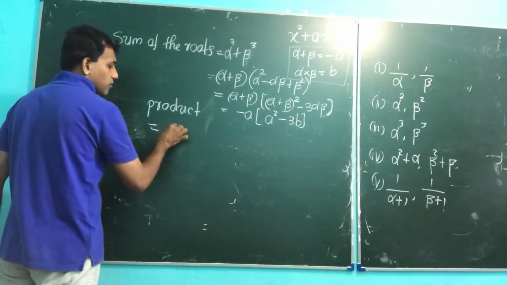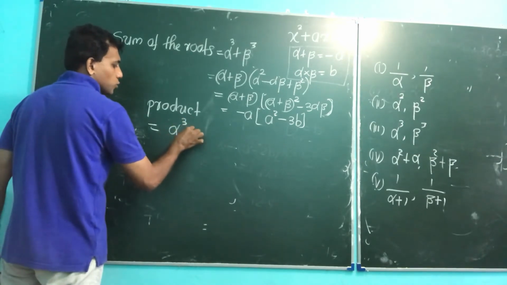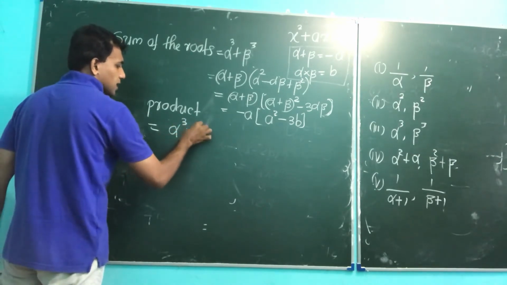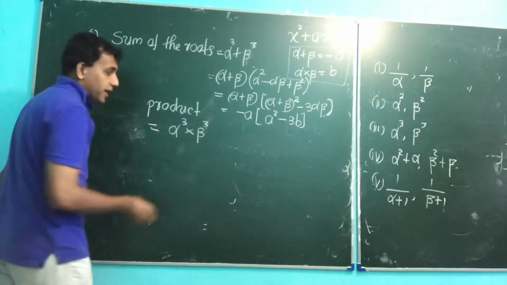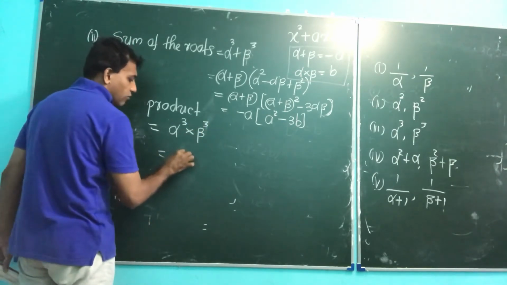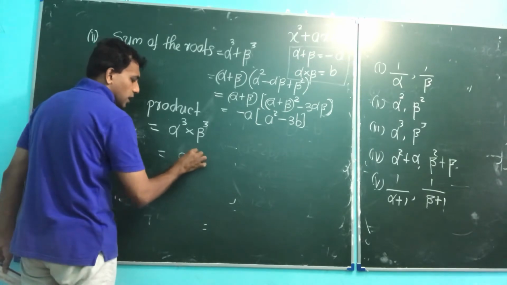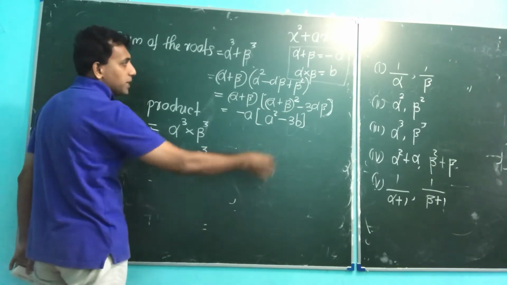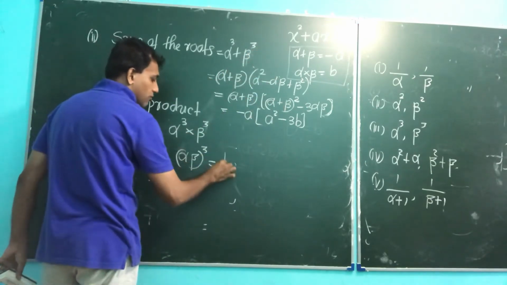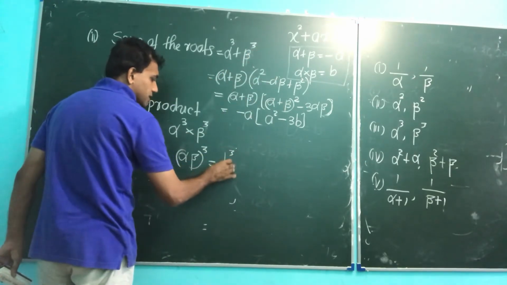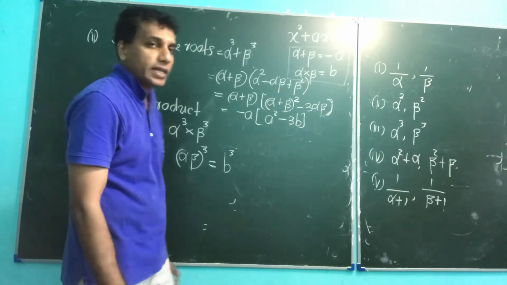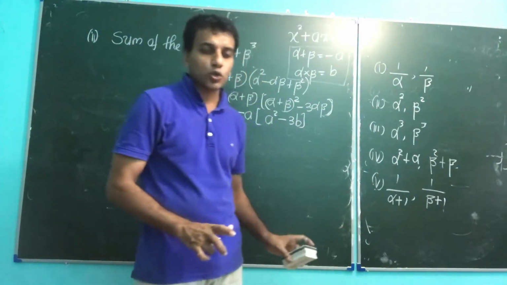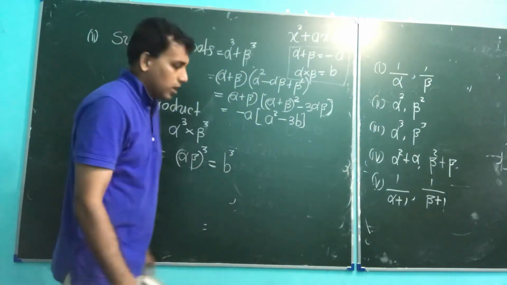One root is alpha cube, the other root is beta cube, or otherwise alpha beta completely to the power 3. Alpha beta is b, therefore b cube, right? This is the method: summation and the product. Once you know these two, you can write the equation.